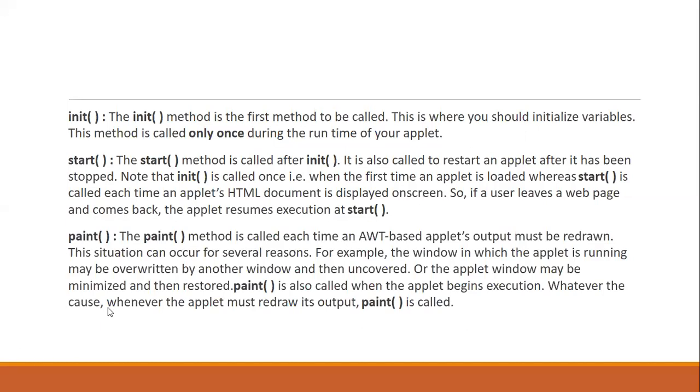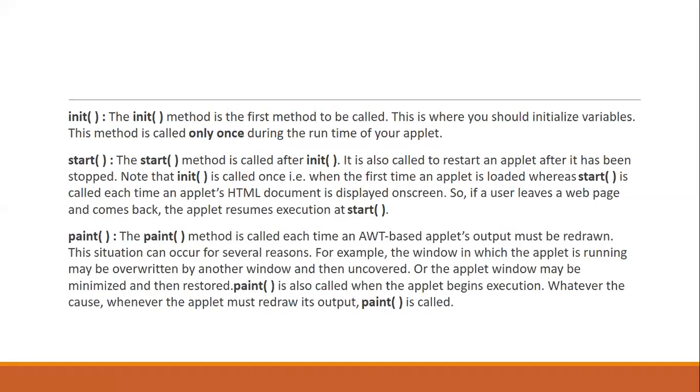Now what is the job of the paint method? The paint method is called each time an AWT based applet's output must be redrawn. See, an applet is nothing but a frame. We have seen it's a container, and there are multiple other components like text boxes, text areas, and buttons inside the applet.